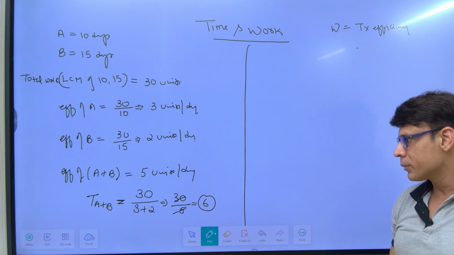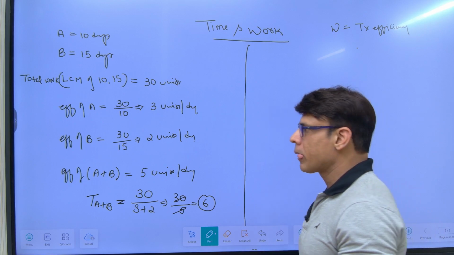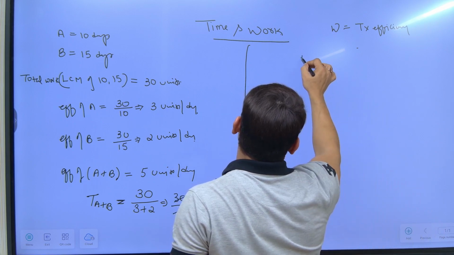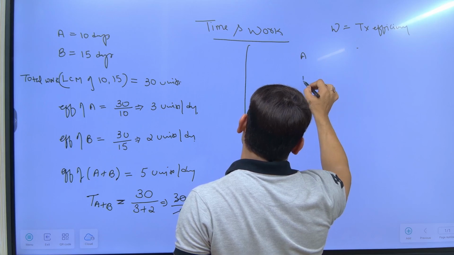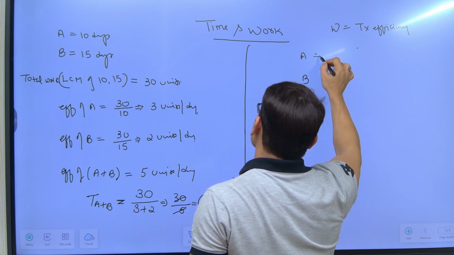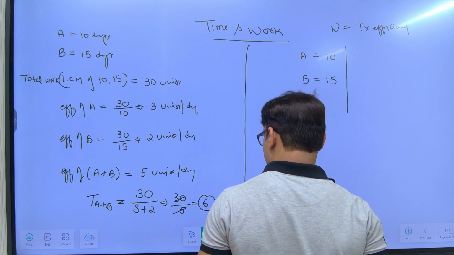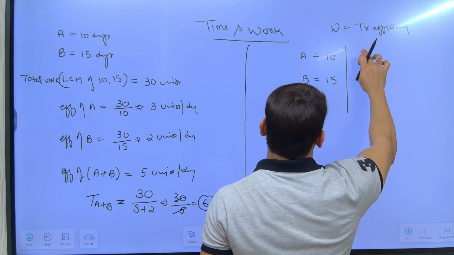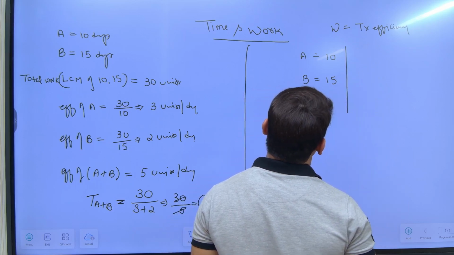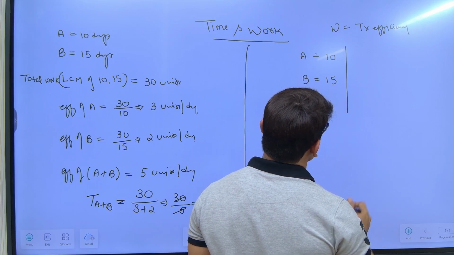So pay attention to this method also for such a simple question. A and B can do it in how many days? 10 days and 15 days.